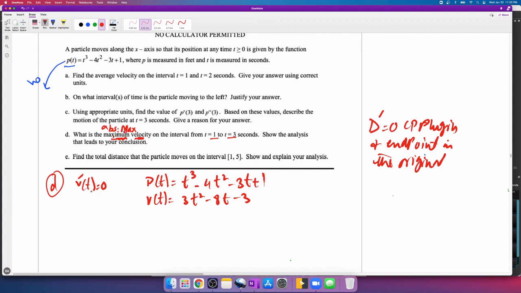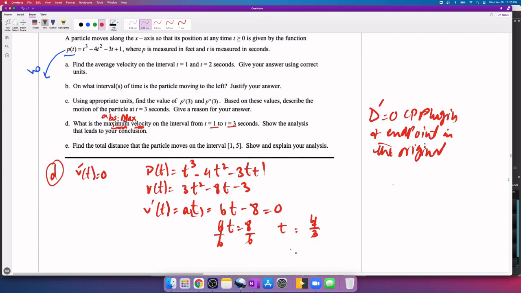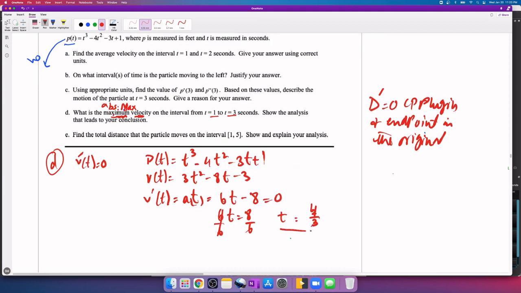Now you do v prime of t, which means acceleration. We can also write this notation. That's 6t minus 8. Make this equal 0, and it gives me 6t equal 8, divide both sides by 6, and t equals 4/3. So that's my technical point of inflection, or in this case you can say a critical point of inflection.